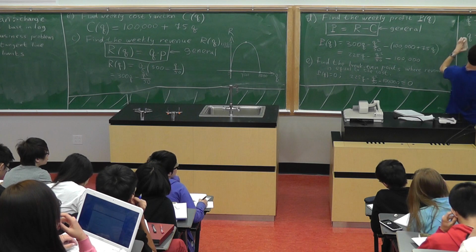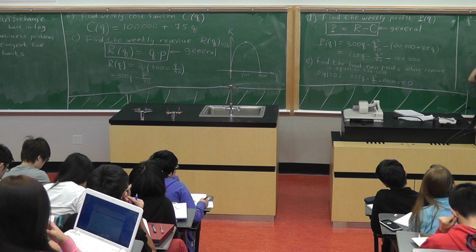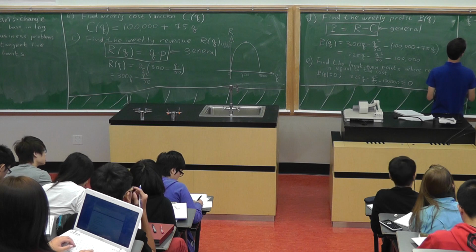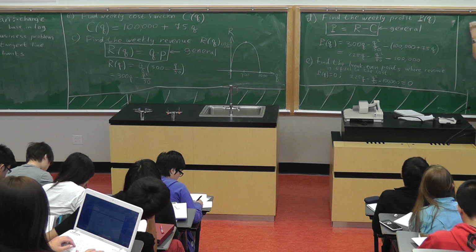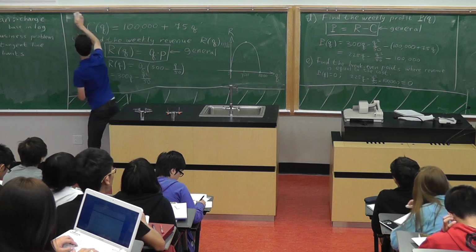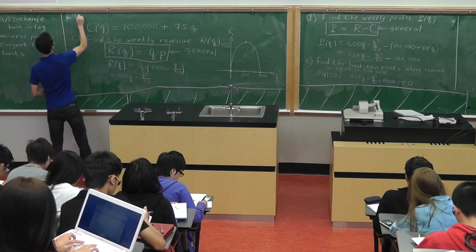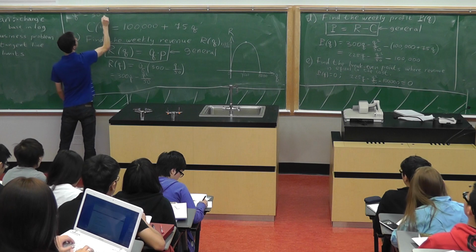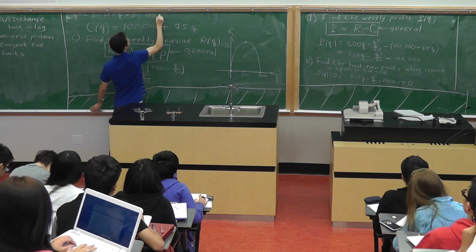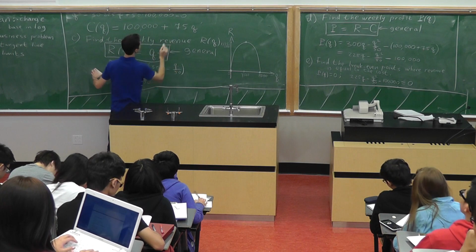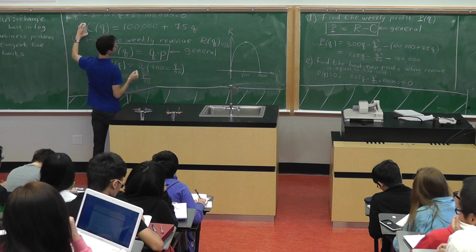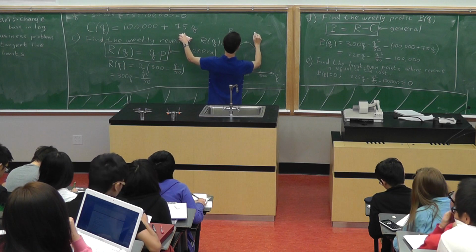Okay, so you write it here and then write it here. Sorry about this. So the equation was Q squared minus 50 times 225Q plus 50 times 100,000 is equal to 0. Record this cost function.